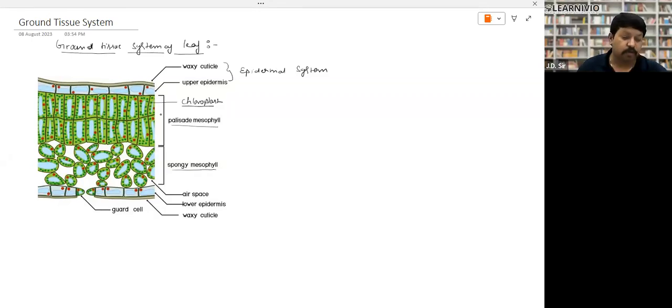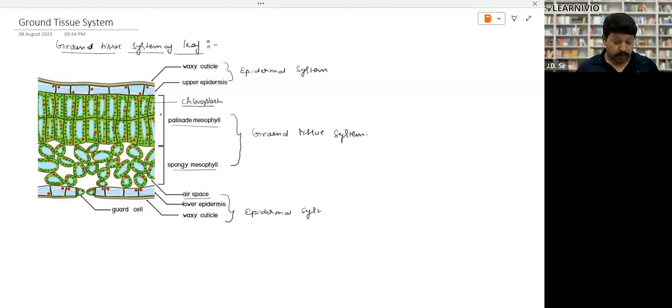Spongy mesophyll cells have spaces between them; air spaces are there, and they are not densely packed. This is the lower epidermis, with waxy cuticle and the guard cells. All these are again part of the epidermis. Out of them, only these two cells are the ground tissue. Okay, clear?